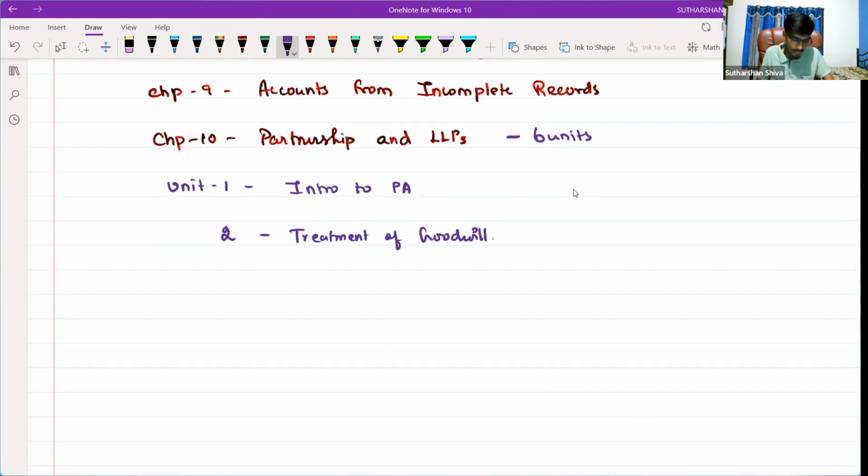Then after the treatment of goodwill, how a partner is admitted into a business: admission of a new partner. That's your unit 3. All of this is covered in your 12th standard curriculum. Fourth one, retirement of a partner.